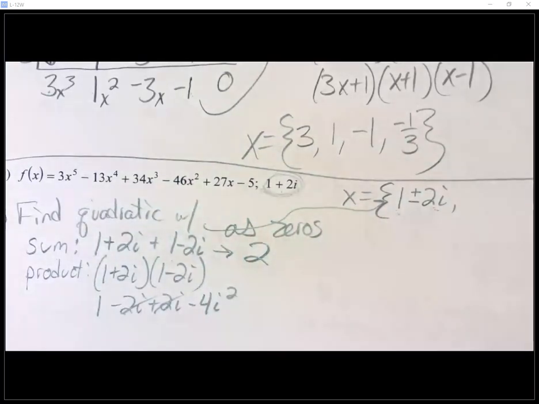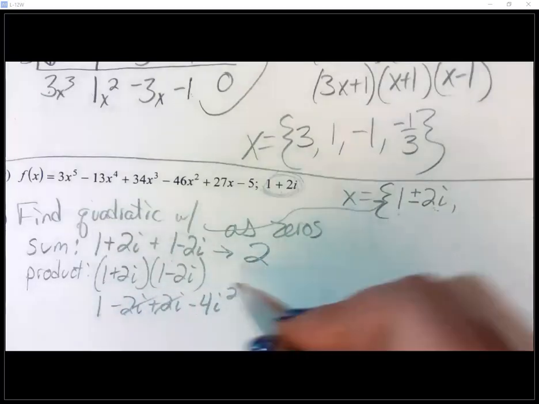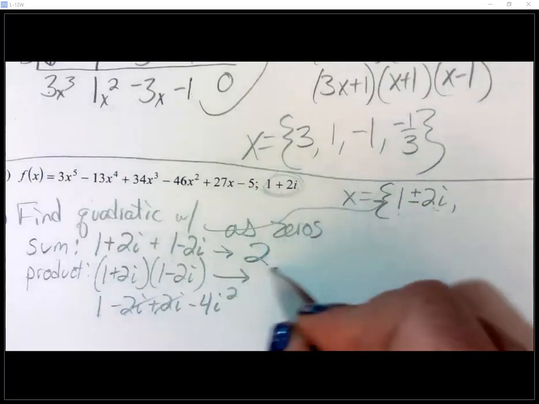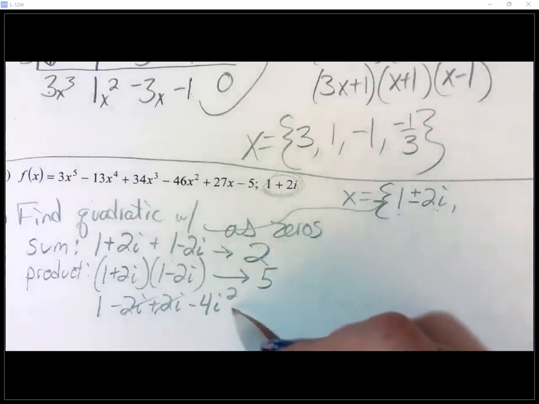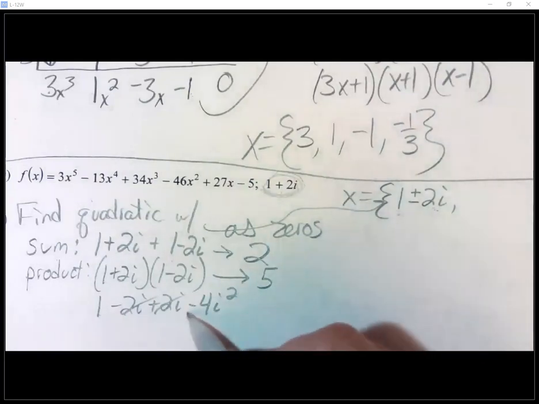What's that really? i squared is really a -1, right? So I have -4 times -1 is now +4. 4 plus 1 is, don't you get 5? I get 5, because this whole chunk turns into a +4.